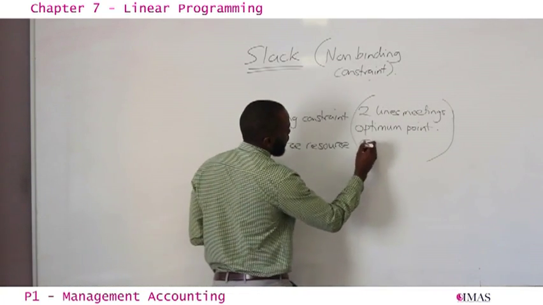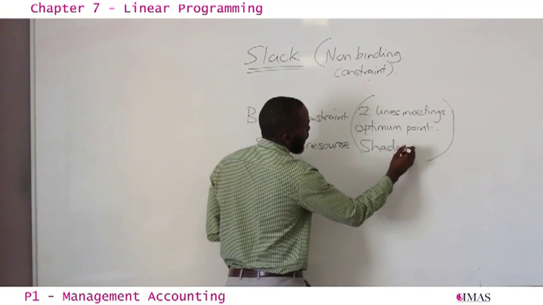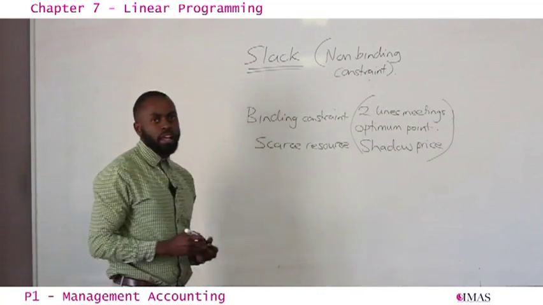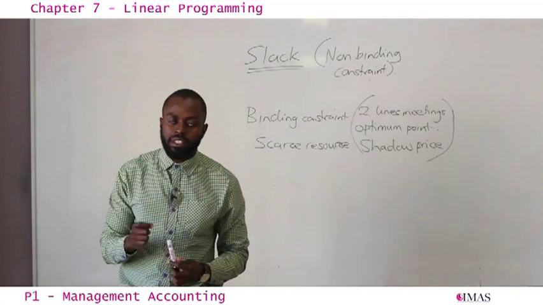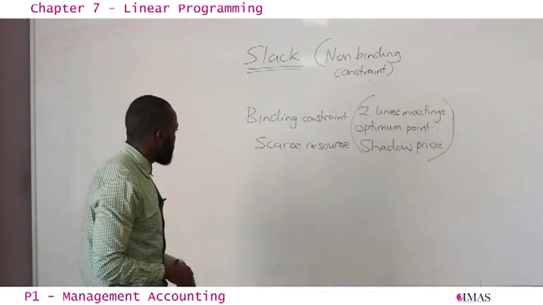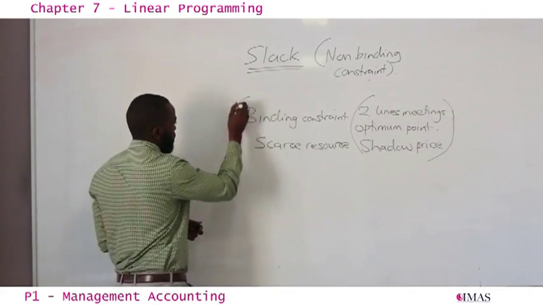And those lines are the only lines that have a shadow price. Remember, a shadow price is the extra contribution from having one more unit of the resource.